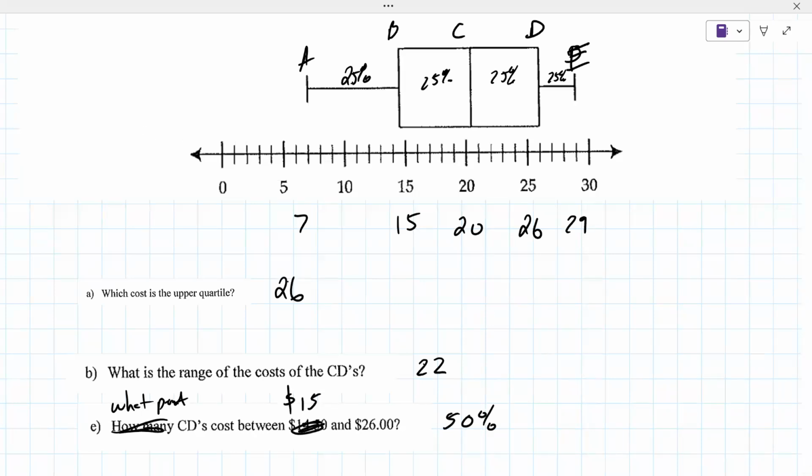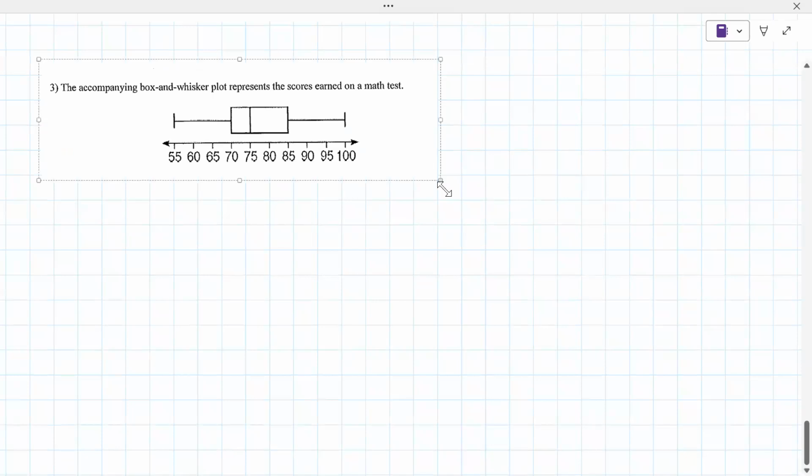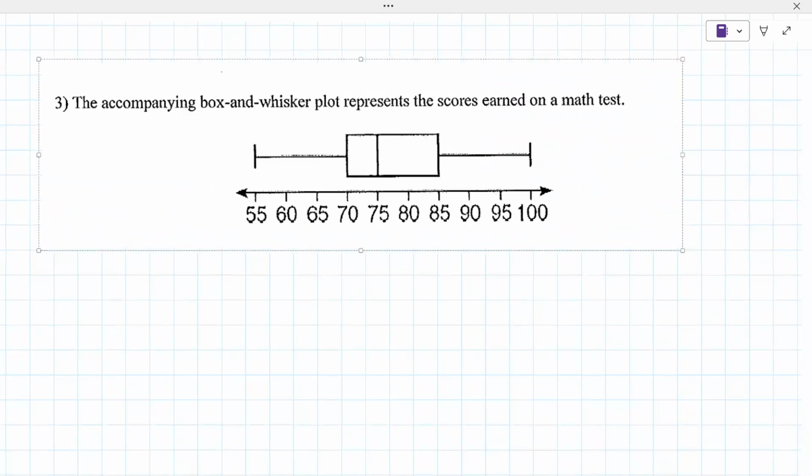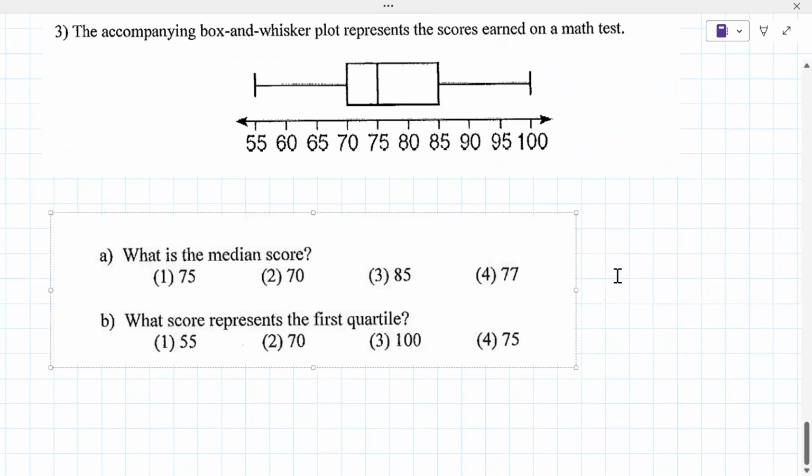All right, good. So here's another one for you. I'll copy a couple of questions and have you do the first two here. $75 and 70. Median is one number.